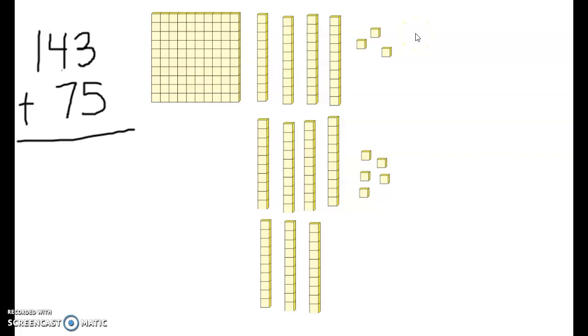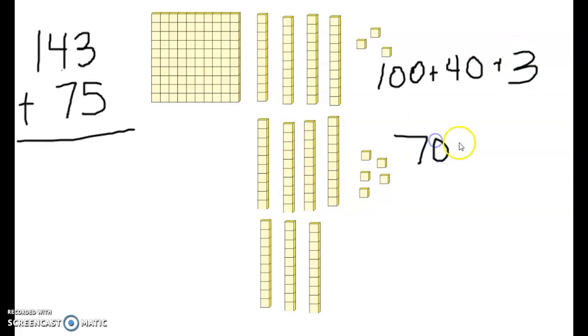The classes that collected the most collected 143 items and 75 items. I've already represented 143 in base 10 blocks. If we write that out, one flat is 100, plus 4 longs, that's 40, and 3 cubes. 75 is represented in 7 longs, whose value is 70, and 5 cubes.